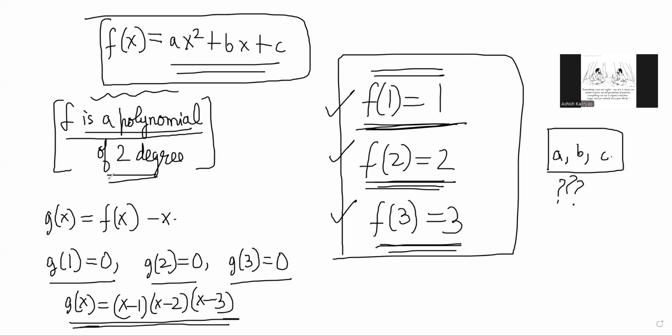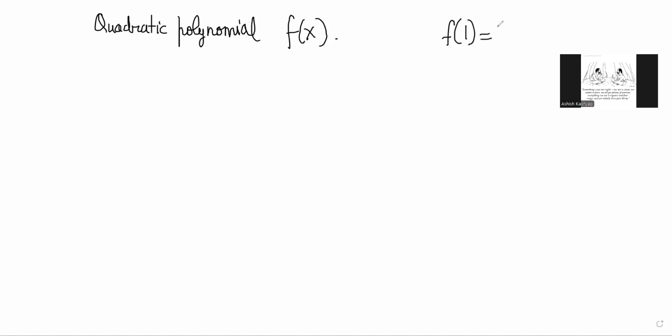The reason is, if you pay attention to what I say, you will understand. If you have a quadratic polynomial f of x, and it is also given f of 1 is 1, f of 2 is 2, f of 3 is 3.